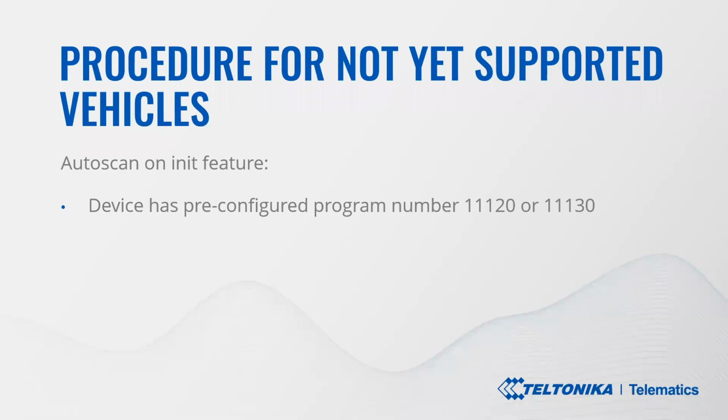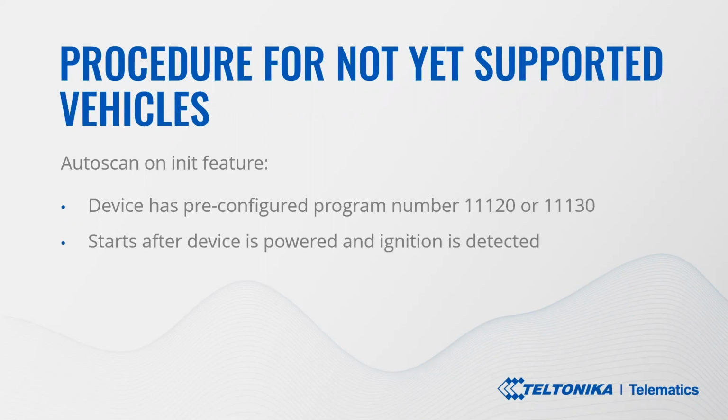So if the device has pre-configured program numbers specified here, if the unit's ignition source is digital input 1 or power voltage, and if ignition is of course on, then the unit starts the auto scan procedure. It will scan for available numbers with a timeout of 50 seconds. Auto scan feature will retry 3 times. After that, the auto scan will be cancelled.